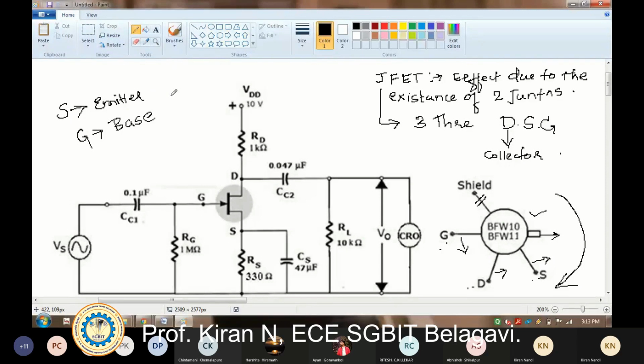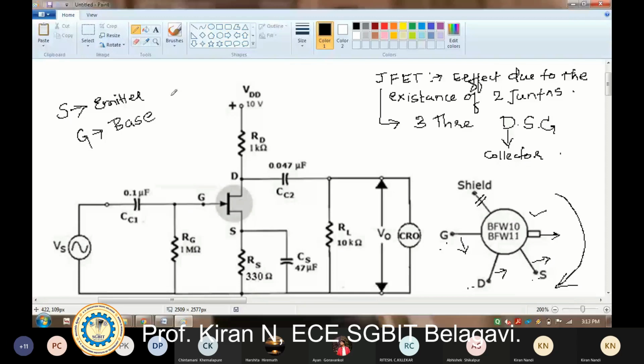Likewise, the collector was the terminal which is supposed to collect all the electrons and holes during the biasing, whether forward biasing or reverse biasing, whatever you are doing with respect to the transistor.